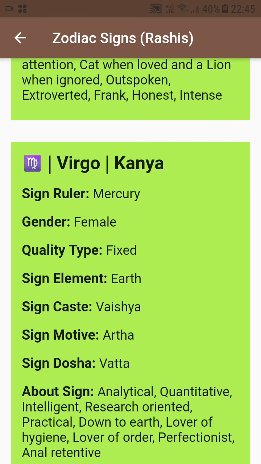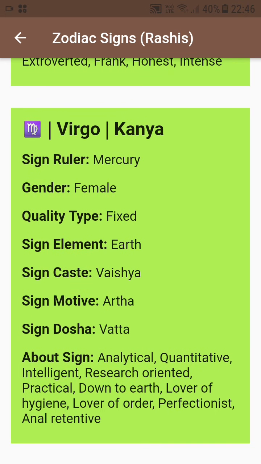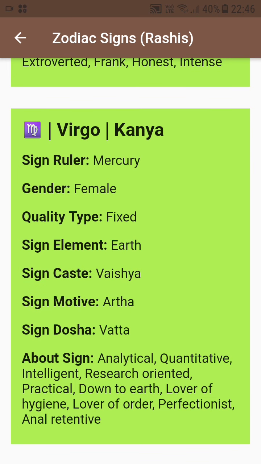It's the earth sign, that's the air sign. So this is how you can understand the same planet in different houses, how they are going to behave in different ways. So here Virgo, Kanya Rashi, is ruled by Mercury, and it's a fixed earth sign.